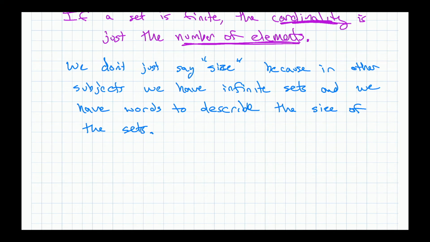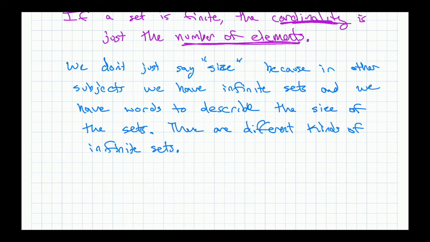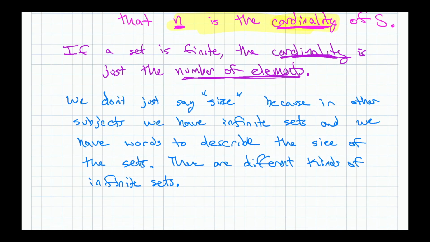There are different kinds of infinities, basically, and so they want to be able to talk about different kinds of infinite sets. They use different words to describe the different kinds of infinity, and that gets complicated.